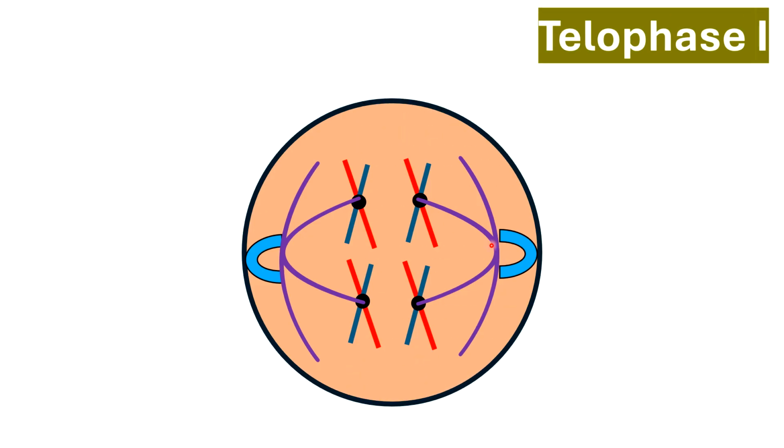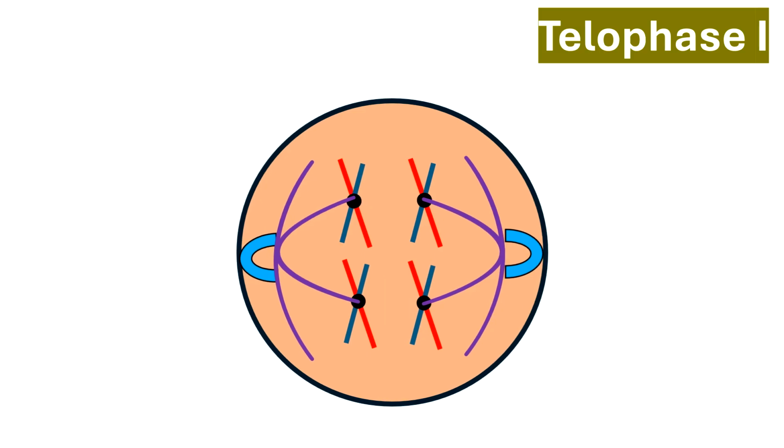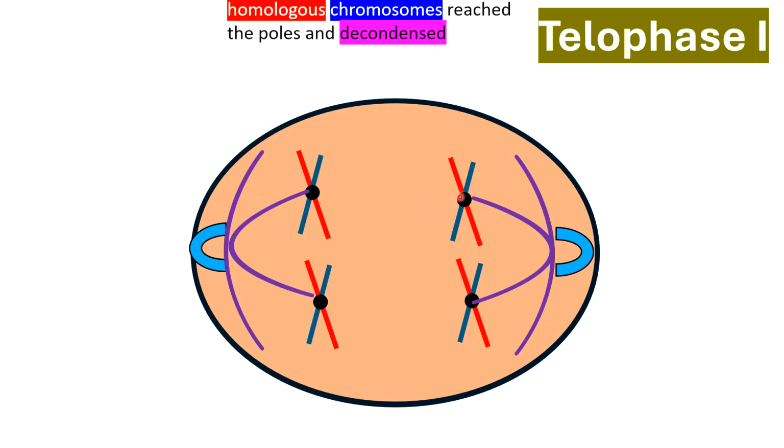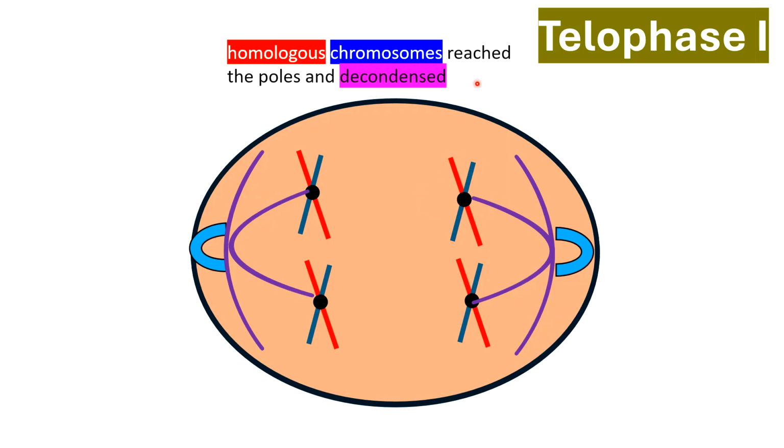Moving on to telophase 1, the cell has elongated, as you just saw, and the homologous chromosomes reach the poles and decondense.